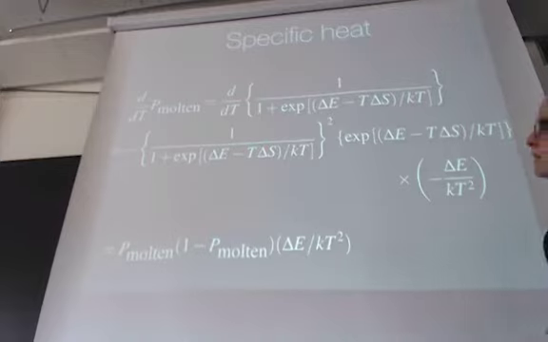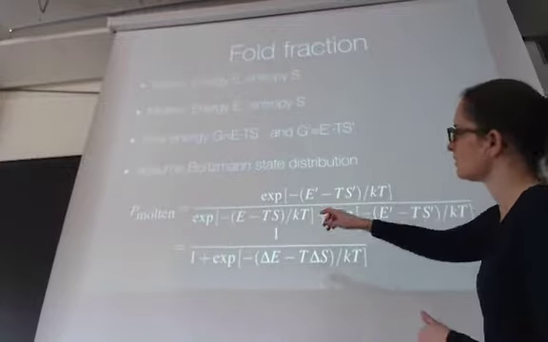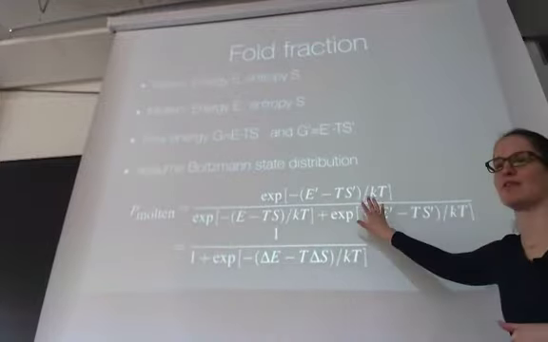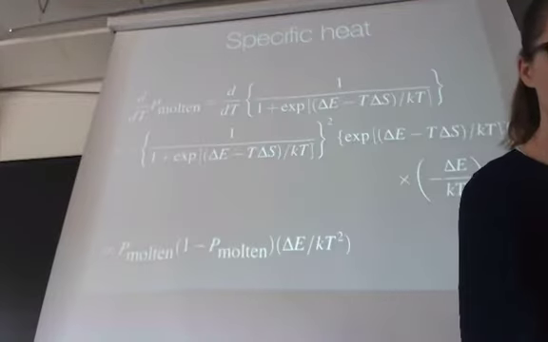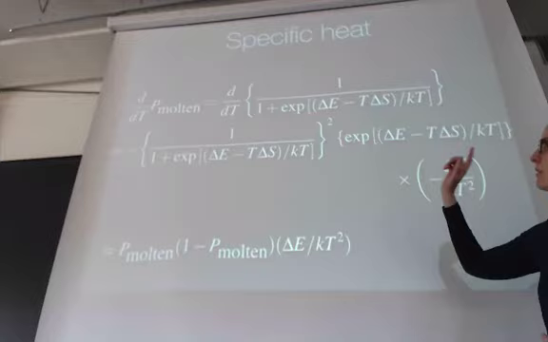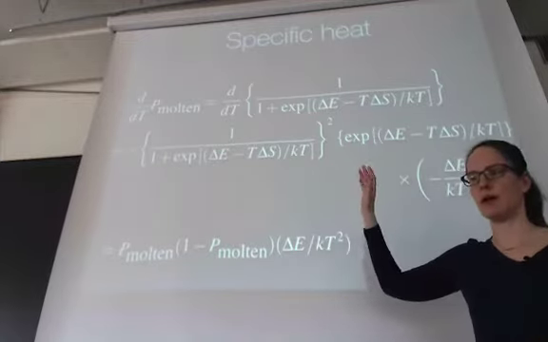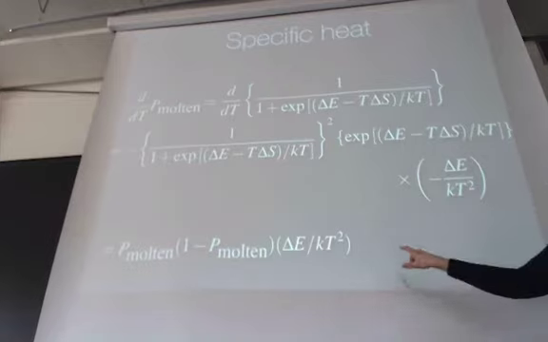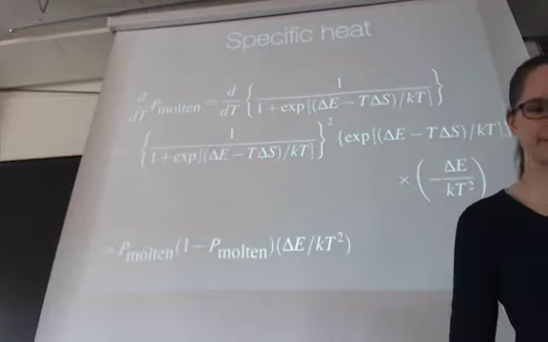What the book is doing is taking this expression for the probability of being in the molten state that comes from Boltzmann and deriving it with respect to temperature so that we can compare it to the experiment, yeah? And we'll come out with this formula, basically.